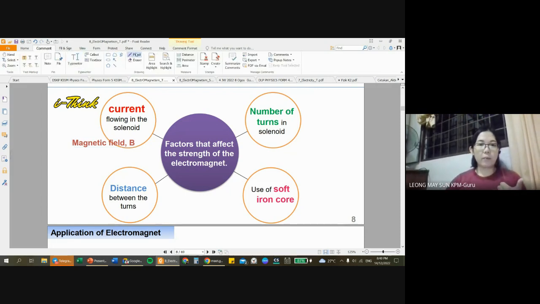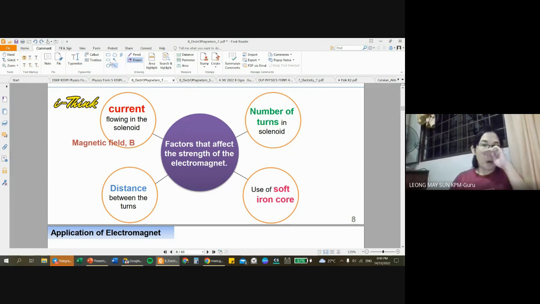The magnetic field has something to do with the number of turns, the current, and the distance between the turns. So that's the reason why they didn't really teach that, because they just want you to understand the concept of electromagnet for secondary school level.